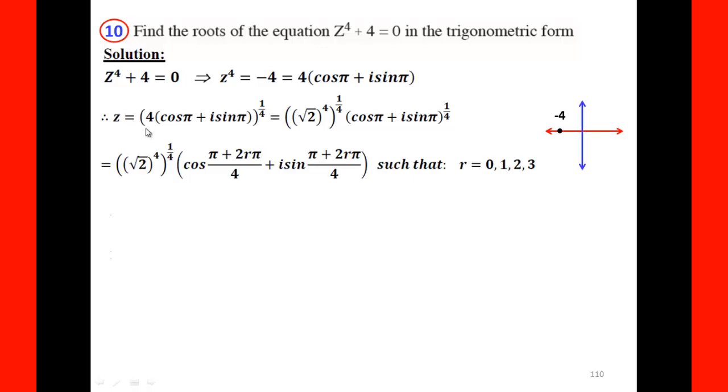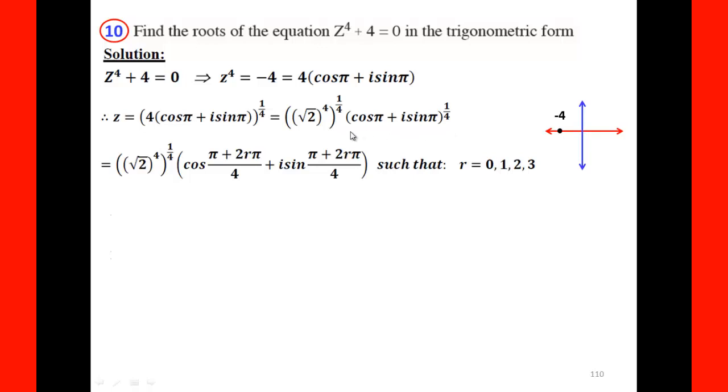So Z equals 4 power 1 over 4, and you can write 4 as root 2 power 4. So we have root 2 power 4 all power 1 over 4, which equals root 2, and cosine pi plus i sine pi all power 1 over 4, we write it here.